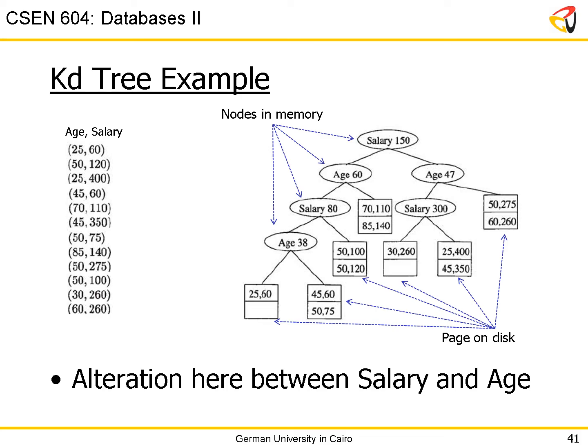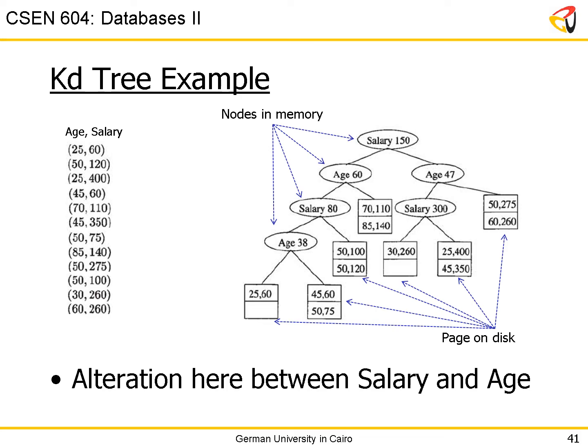Now, let's try to combine our understanding of this invariant for two levels, salary 150 and age 60. If I go left from salary 150, this means the salary is less than 150. If after going left, I go right at age 60, that means I am working with rows where the salary is less than 150 and the age is greater than or equal to 60.